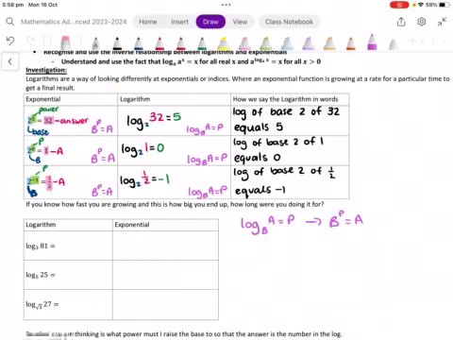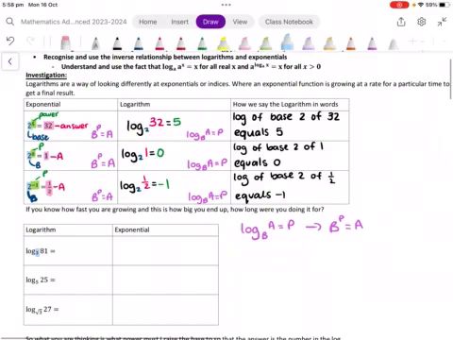So with our logarithm, our base is 3, we have our answer here, and we're going to work out what this logarithm equals.